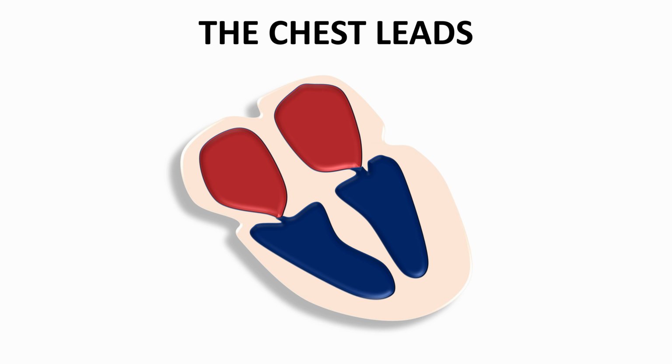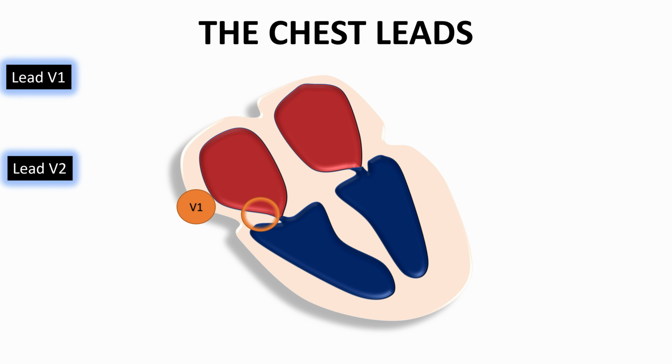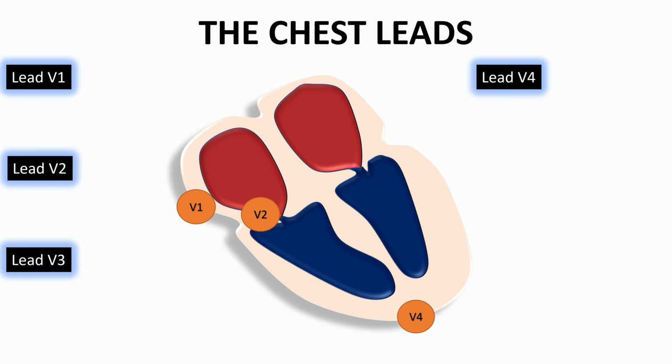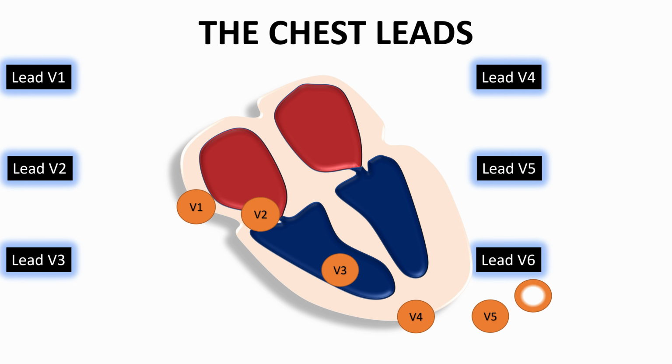So if we draw the heart and see the position of each V lead, we will see that V1 and V2 are placed near the right atrium. V4 is placed on the apex of the heart, and V3 is placed between V2 and V4. V5 and V6 are placed on the lateral wall of the left ventricle.